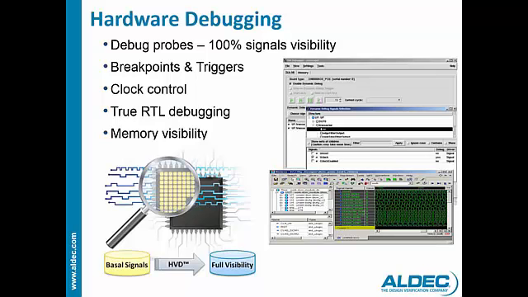And true RTL debugging. This is important because some problems exist when we capture data in hardware and it doesn't correlate with the RTL design. So it's important that signals captured from the hardware match the names in the RTL source code. And memory visibility allows the viewing and changing of memory data in the emulator. Before synthesizing a design, an analysis is run to find what we call basal signals.